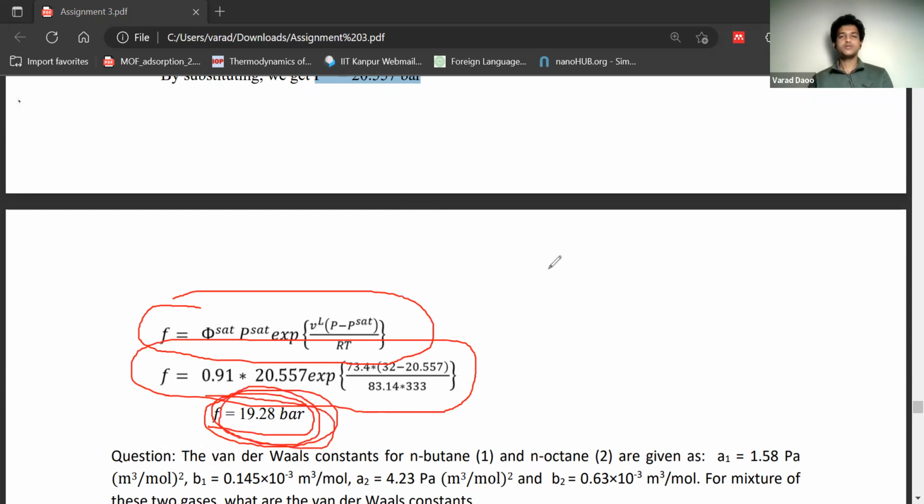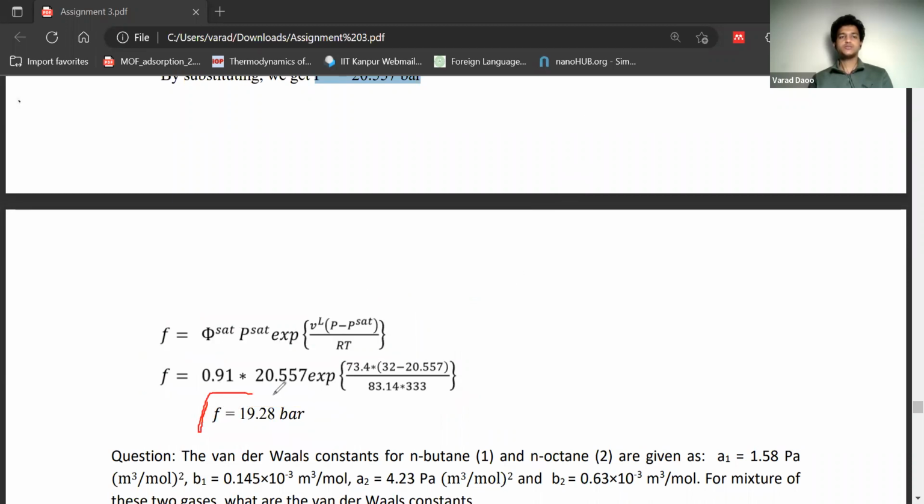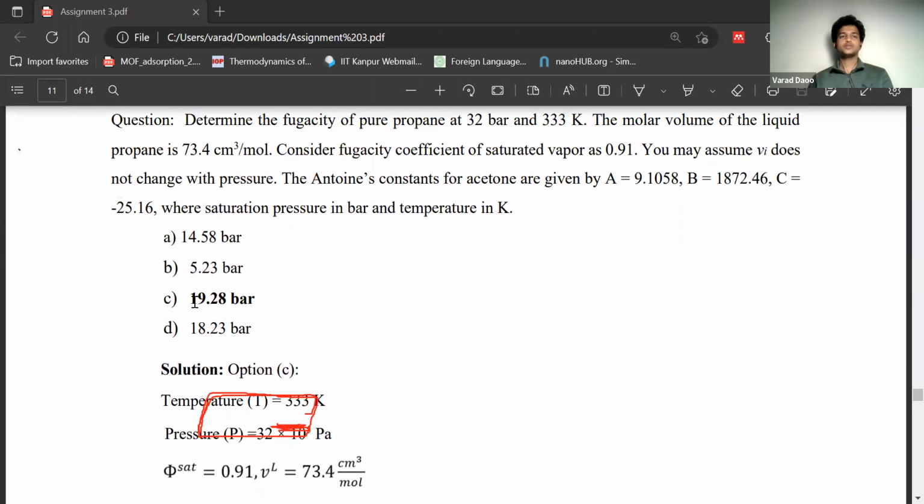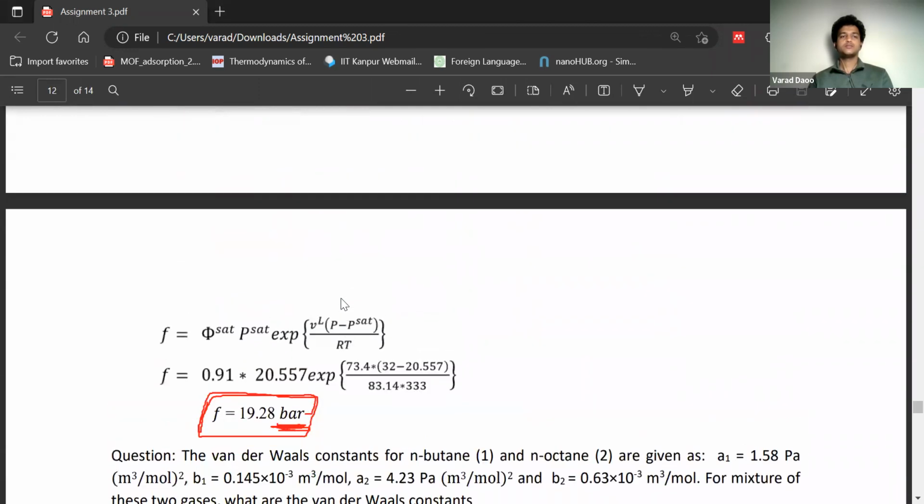Straight away, a very easy formula-based question. Okay, is this clear to everyone? The answer is this: fugacity is 19.28 bar. Always remember the units. The answer is option C, 19.28 bar.